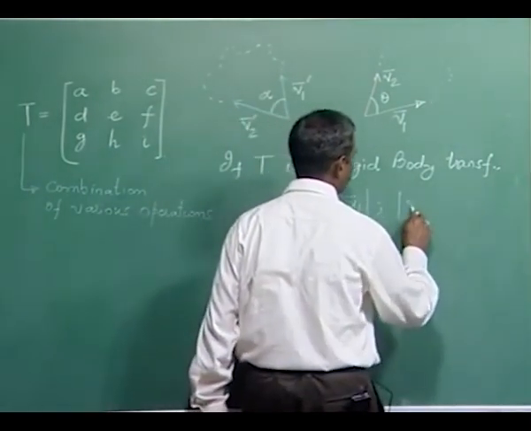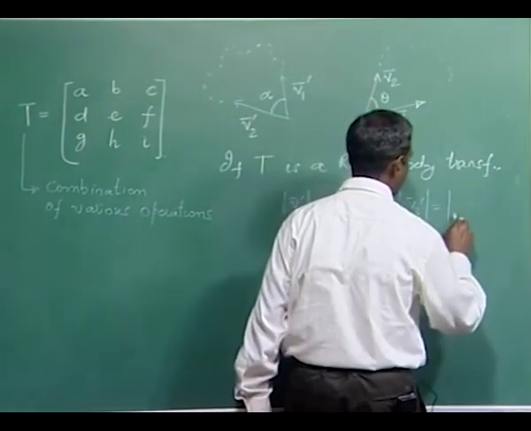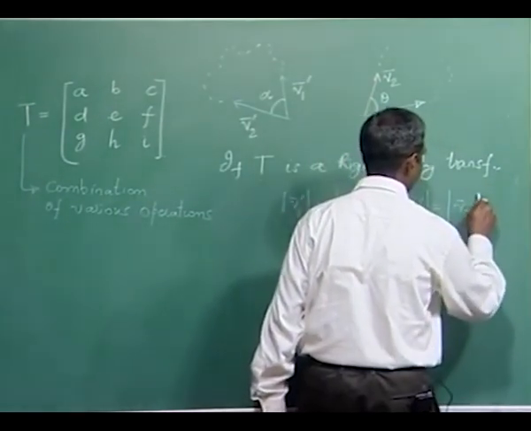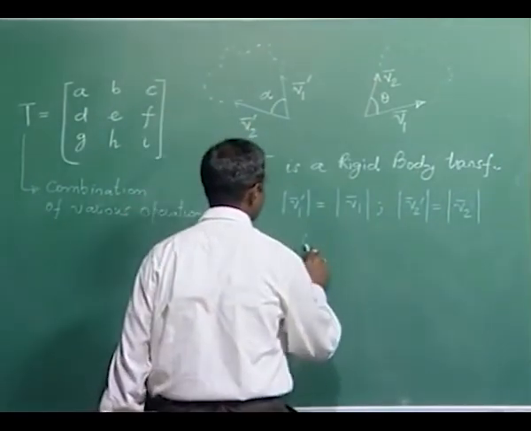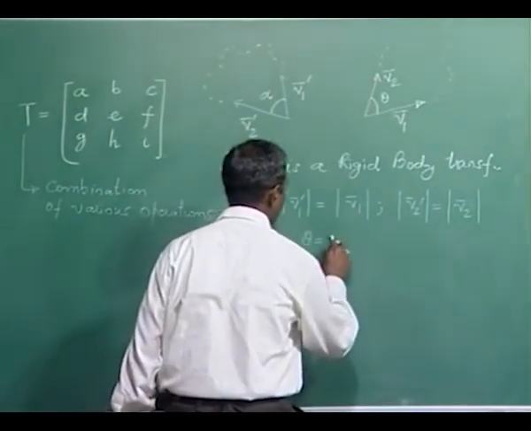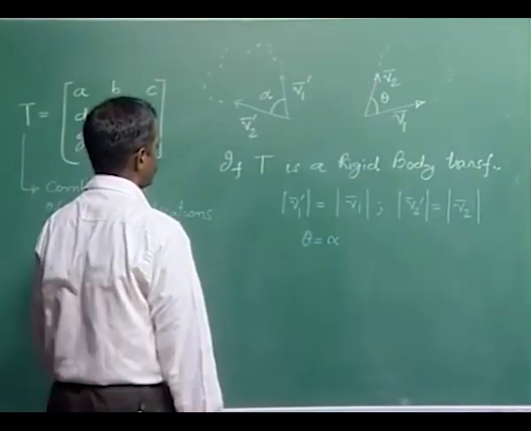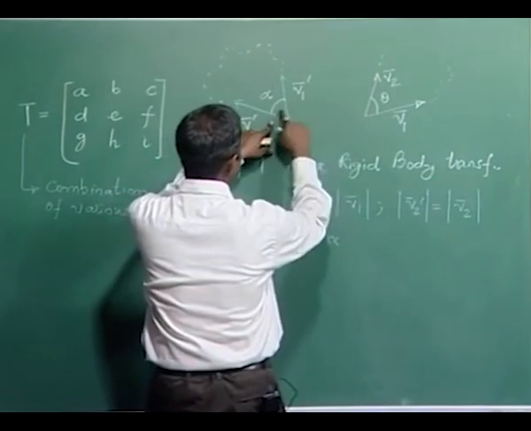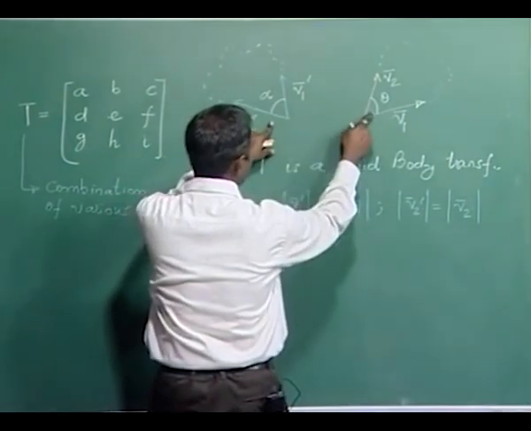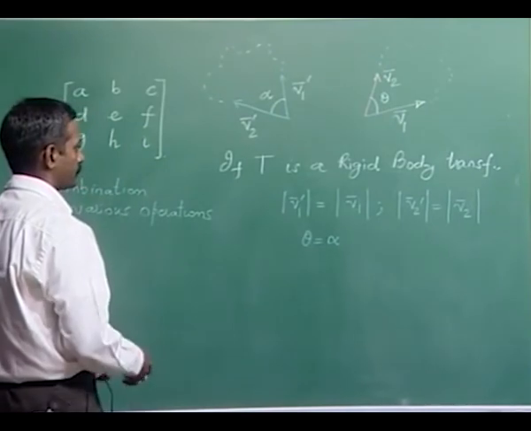The magnitude of V2 prime is the same as the magnitude of V2, and the included angle theta is the same as alpha. If these three conditions for the two vectors and the included angles are not satisfied, then this would not be a rigid body transformation.